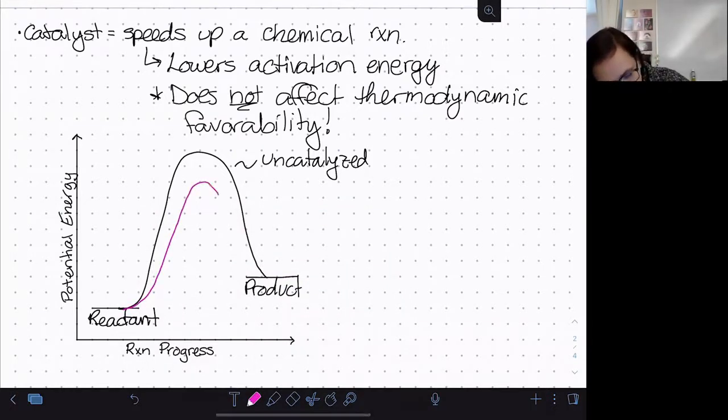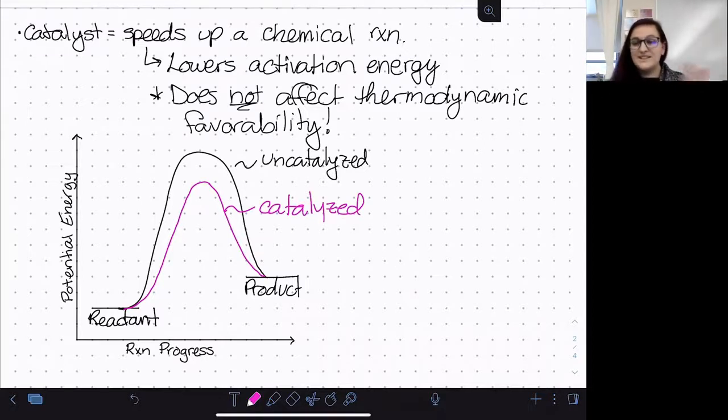So there are any number of ways that that can happen. One possible catalyzed pathway might look like this. Still a single step process, but a shorter peak. So my activation energy, instead of being from my reactant all the way up here, is now from my reactant only to this height.